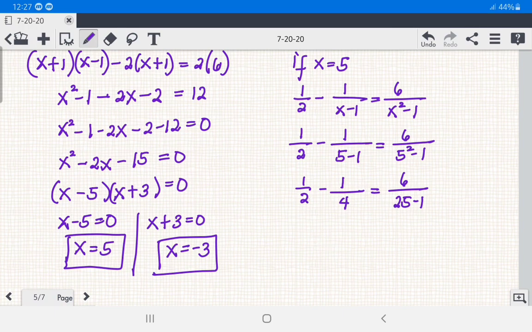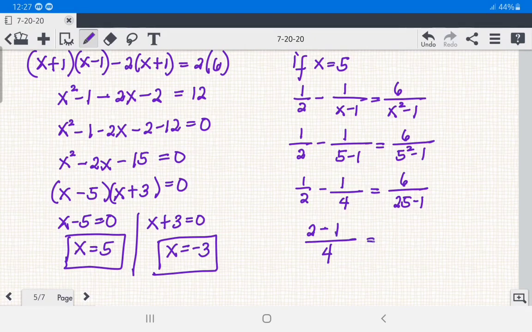So, let's see, we have unlike or dissimilar fractions. So, LCD is 4. So, 4 divided by 2, we have 2. Times 1, we have 2. Minus 4 divided by 4, 1 times 1, we have 1. So, minus 1.